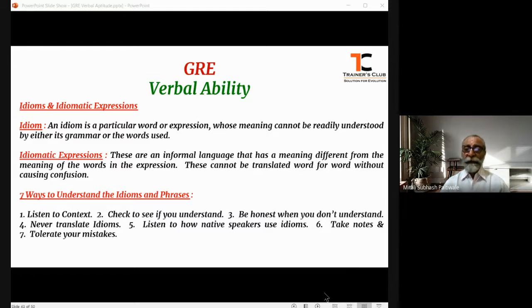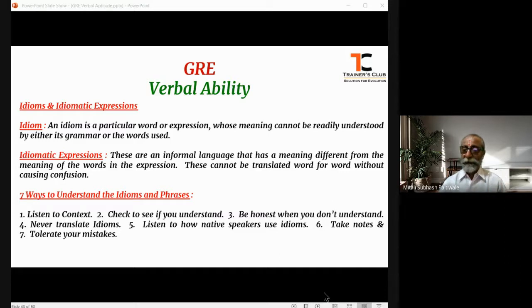An idiom is a particular word or even an expression whose meaning cannot be readily understood, right? Whose meaning cannot be readily understood by either its grammar or the words that are used. That means the words may not give the exact literal meaning.